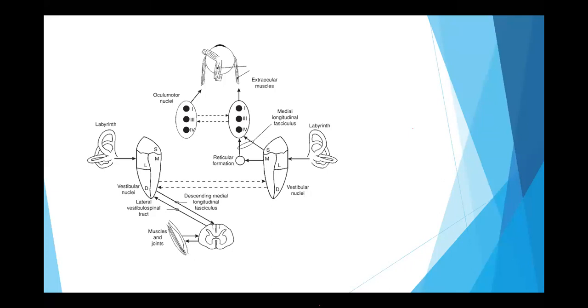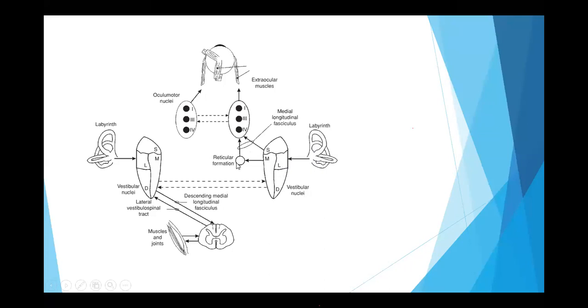Okay, so the labyrinth, which means the semicircular canal or the otolith organs, first send the signal, the first order neurons send signal to the vestibular nuclei. Well, yeah, the labyrinth is sending to the vestibular nuclei. Okay, then the signal is being sent to 2.